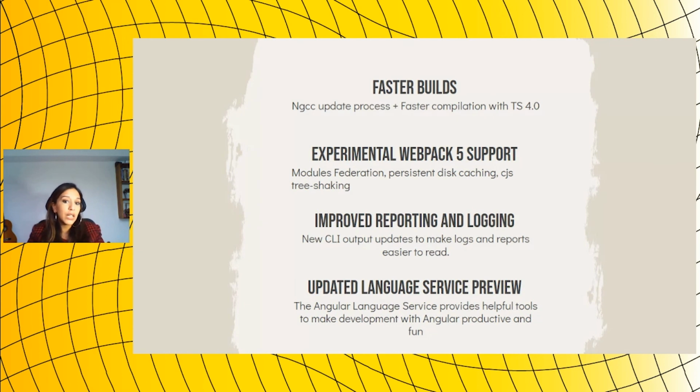It's very cool. There are improved reporting and logging processes, and the language service is updated. I like this plugin because it provides helpful tools to make development with Angular productive and fun. There are many auto-completion features, etc. So that's it. Just give it a try and update your application.